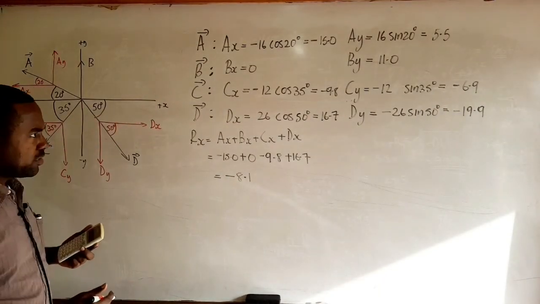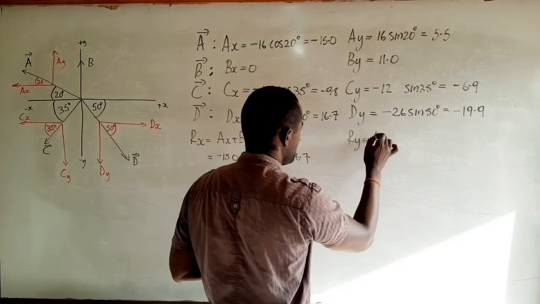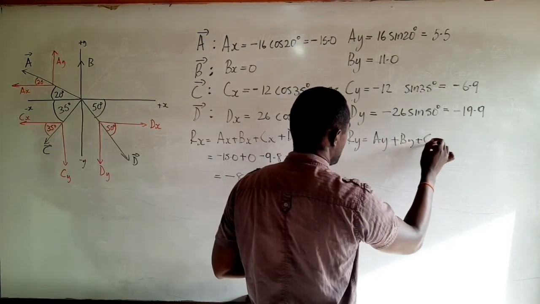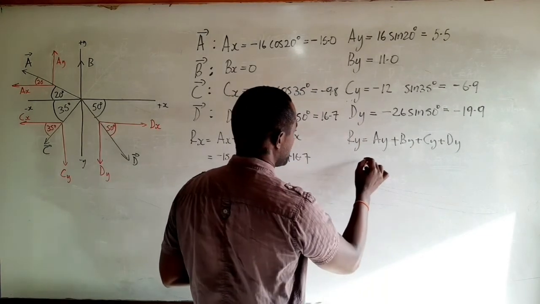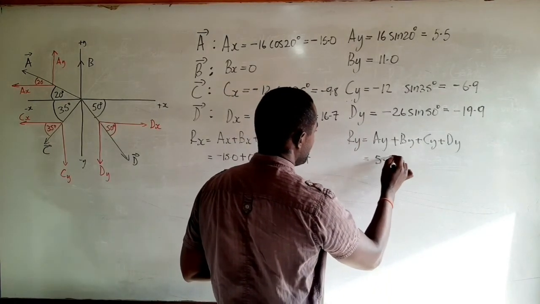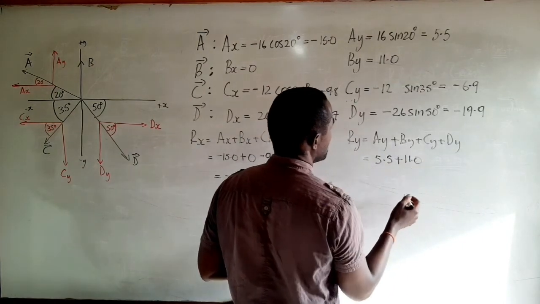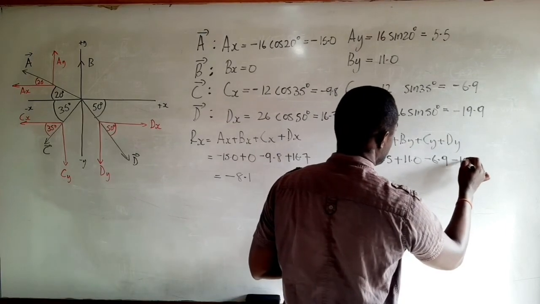So for the y component, similarly, we have Ry is equal to Ay plus By plus Cy plus Dy. And so this gives us 5.5 plus 11.0 minus 6.9 minus 19.9.